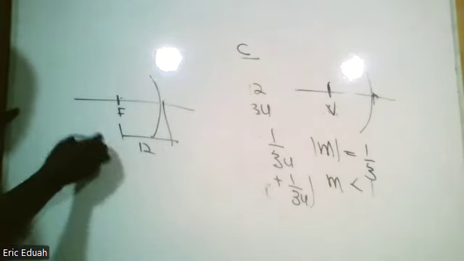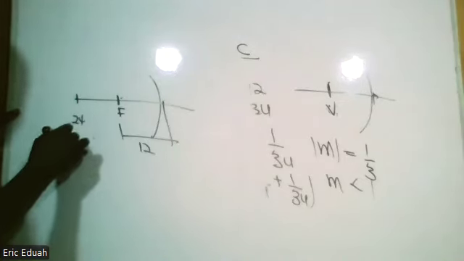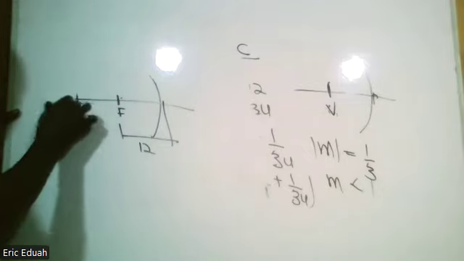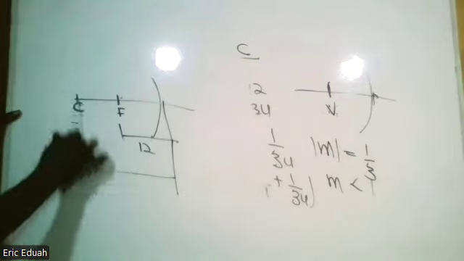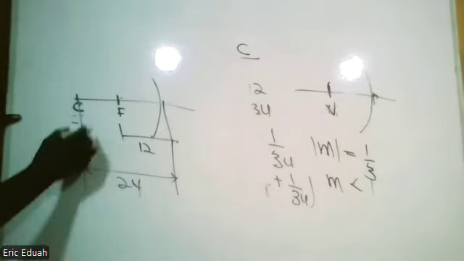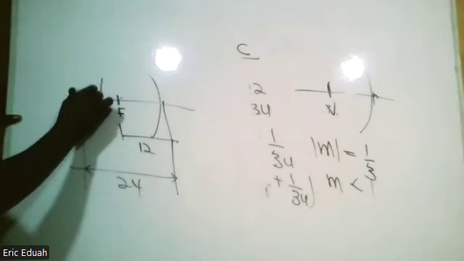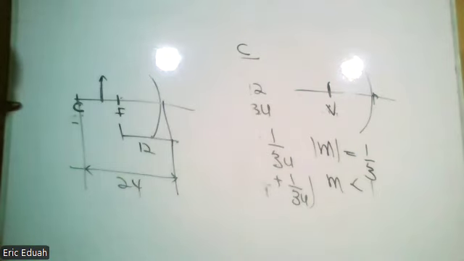F is 12, meaning this is C. C is 24, R is 24. The object distance is 16, meaning the object is between C and F. If the object is between C and F, what kind of image will be formed? Okay, a real image.